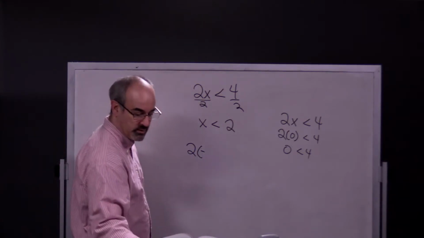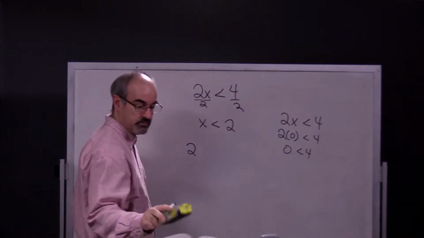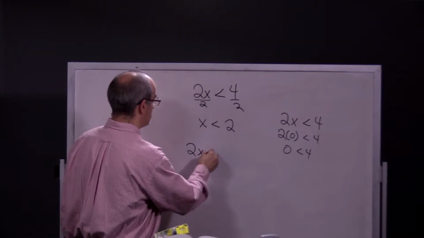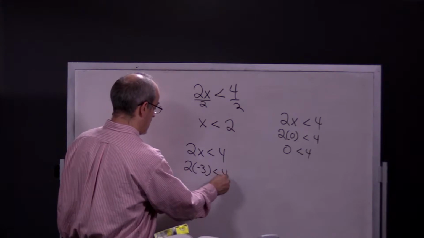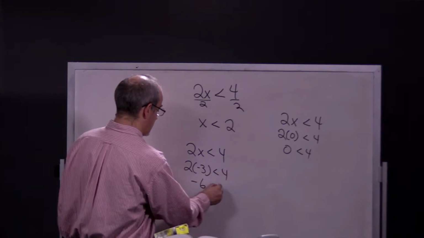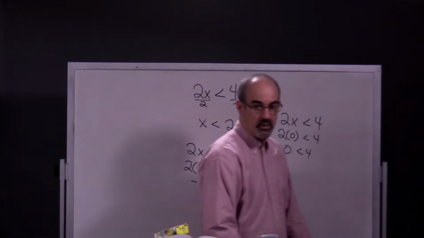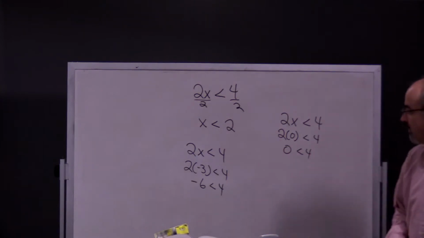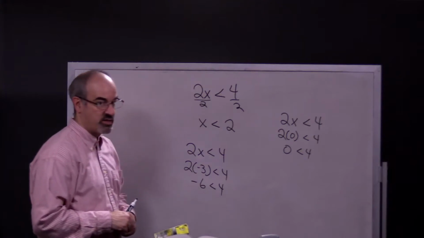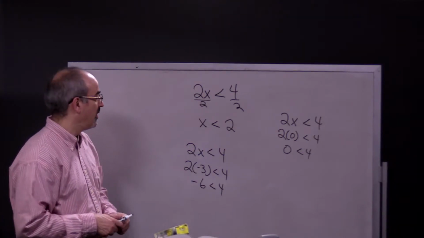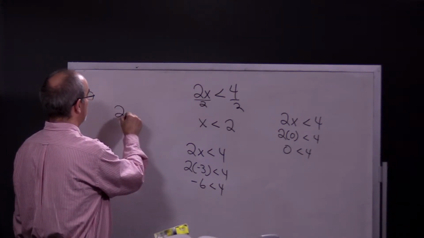I'll just write down the original problem. -6 is less than 4. That works. Try one that's bigger. Supposedly our answer is every number less than 2. Well, let's try a number bigger.